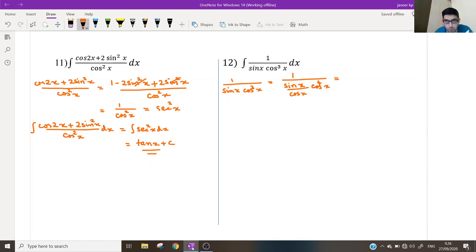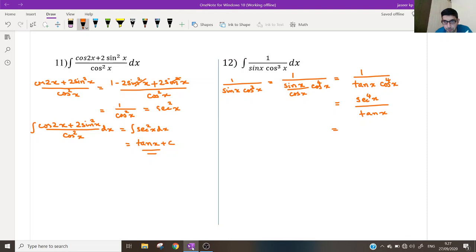So that will become 1 by tan x times cos to the power 4 x. Now 1 by cos to the power 4 x is nothing but secant to the power 4 x, divided by tan x.